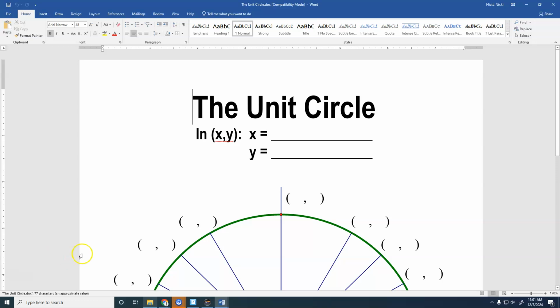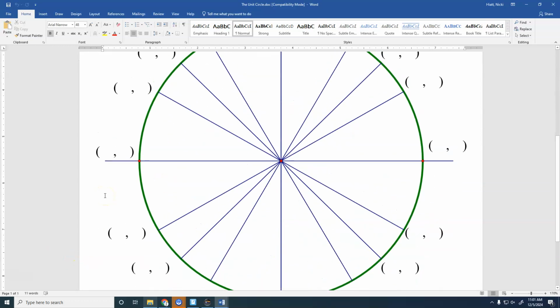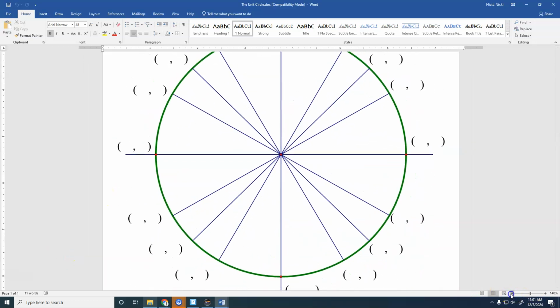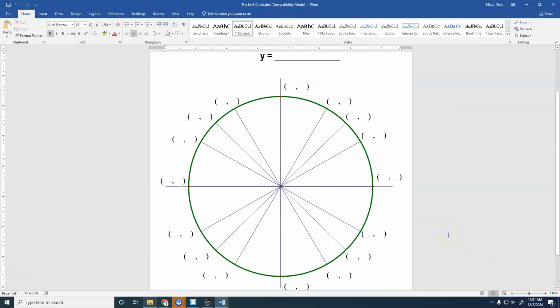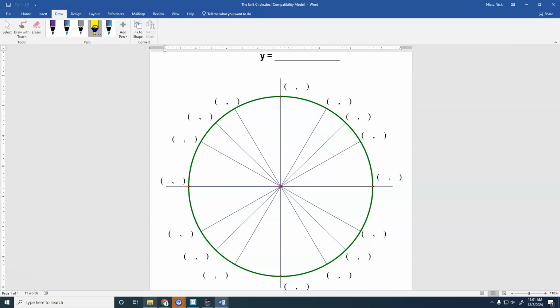All right, so the unit circle is a circle that has a radius of 1. Okay? So what we're going to do is put angle measures on this circle. For this circle, your initial ray would be right here, and the terminal rays are shown going around.